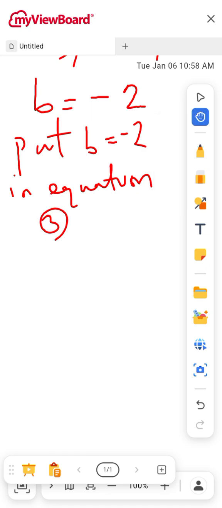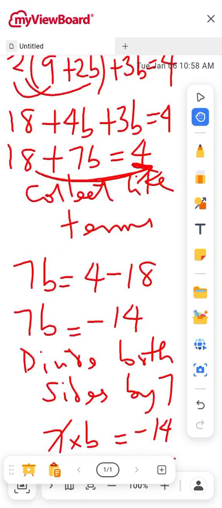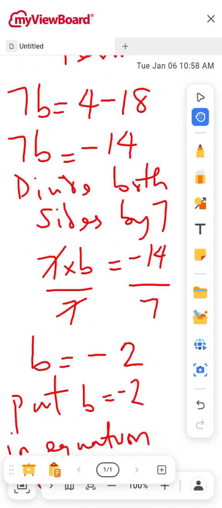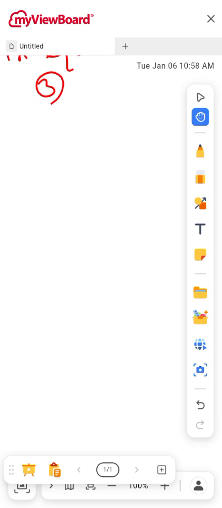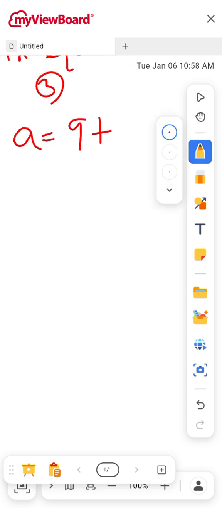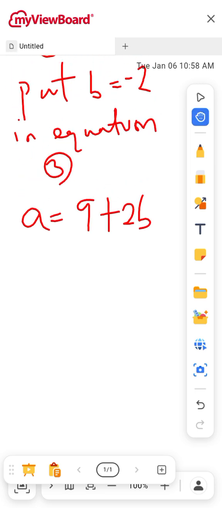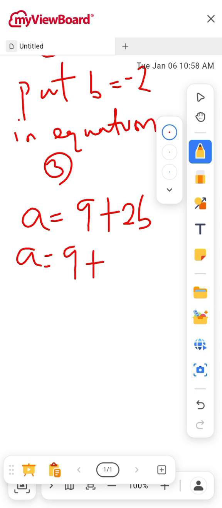And what does equation 3 say? Let's go back again to be very sure. That says a equals 9 plus 2b. So anywhere I see b, what will I replace it with? With minus 2. So I have a equals 9 plus 2 into brackets minus 2.